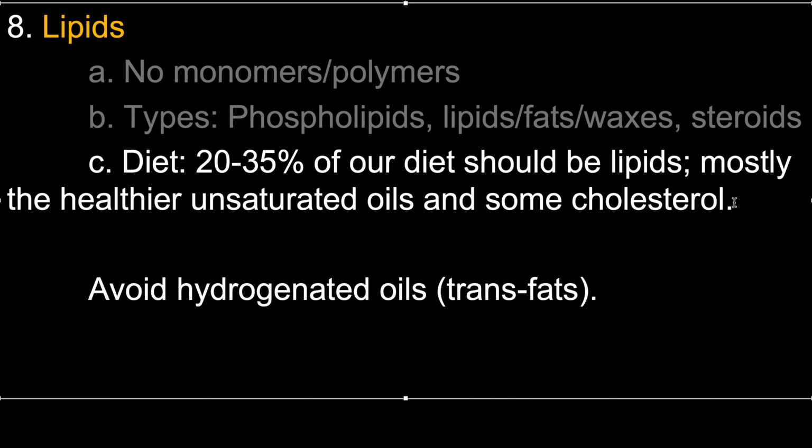But we knew back in the 70s and 80s that fats were not great for us. And so we came up with this new system where we could take oils, the nice unsaturated oils, and we could force them to have straight carbon chains instead of the kinks. Well, the problem with that is that it doesn't really create a fat necessarily. It creates yet a different type of molecule that we call trans fats.